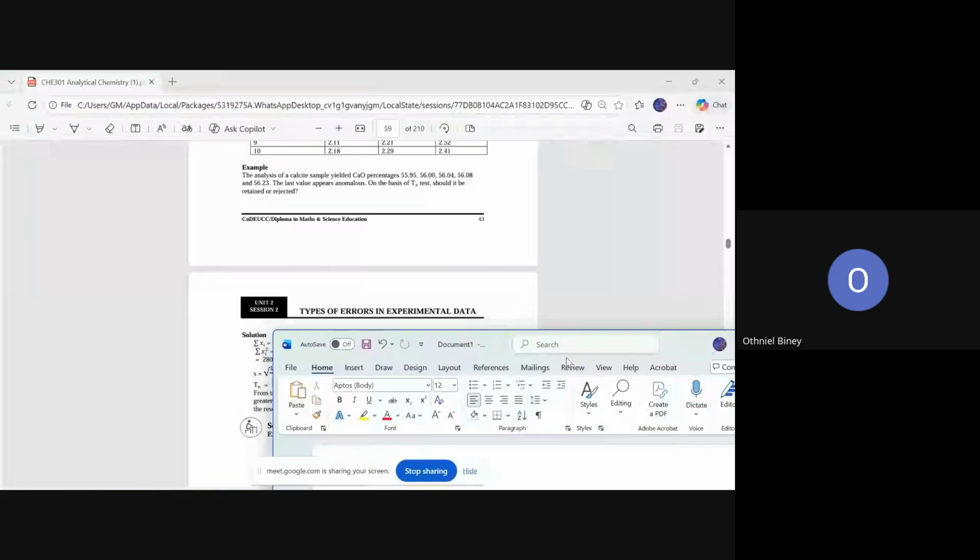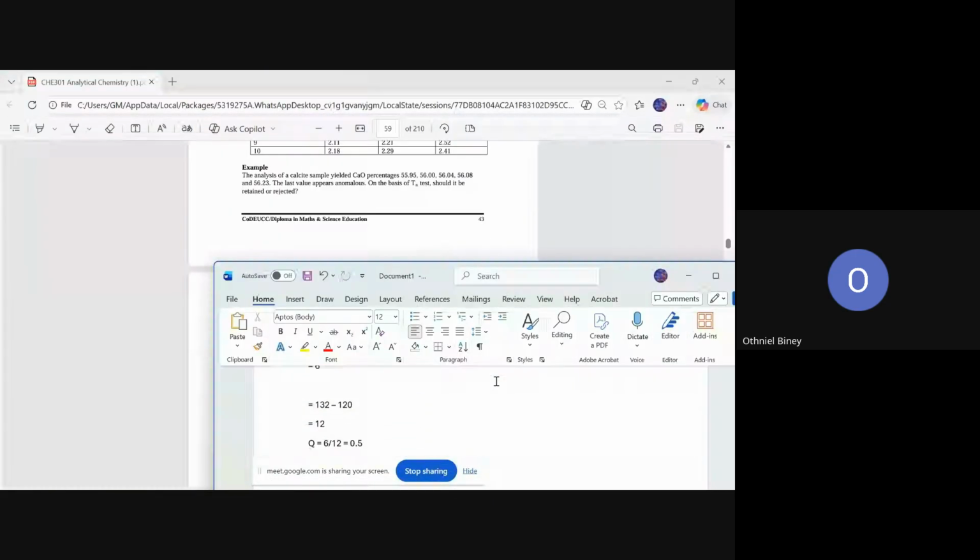So let's just do this with the values that were given, in case you can't just tell from the values.